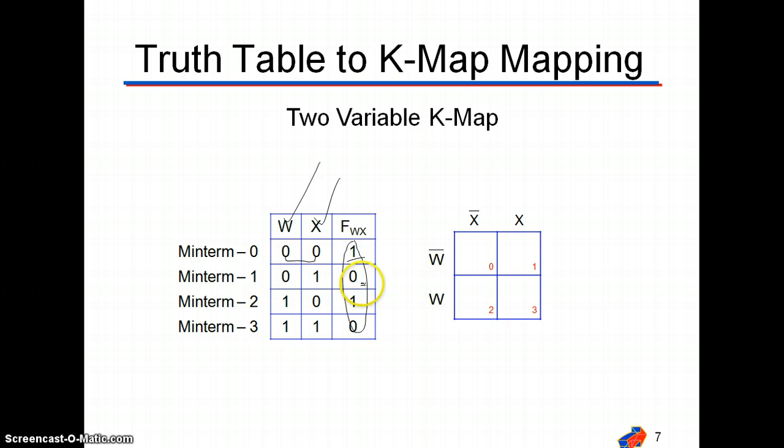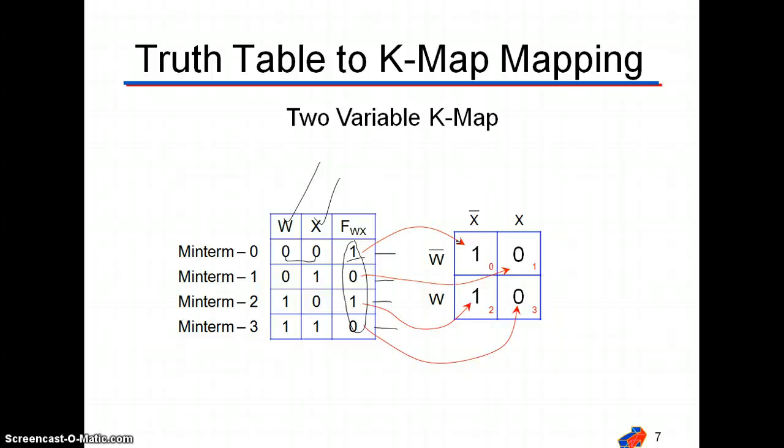For 0, 1 it's 0, for 1, 0 it's 1, for 1, 1 it's 0. So these are minterm 0, minterm 1, minterm 2, minterm 3. Now these minterms are put in the K-map in this way. This 1 is put over here, this 0, this 1, and this 0.